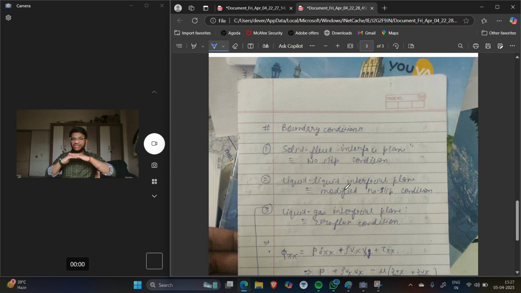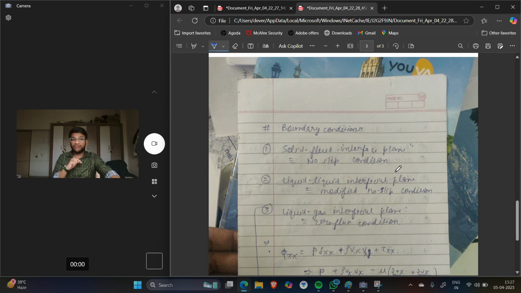Means there will not be any slip between these two layers. This is the adjacent layer close to the ball, and this is the ball itself. So the relative velocity between these two will be zero. Means the velocity of the ball will be equal to the velocity of the fluid layer just adjacent to it. So this is the no slip condition.